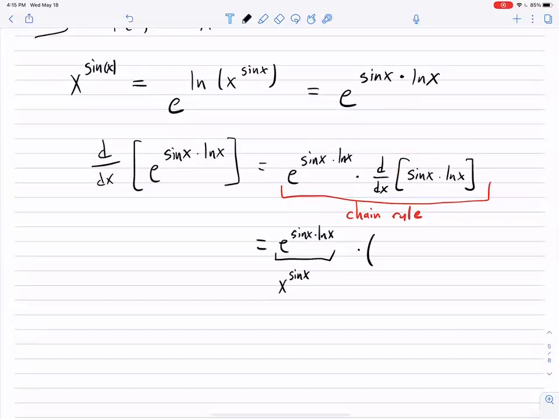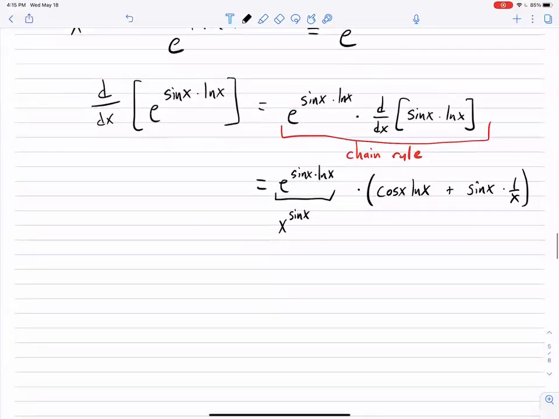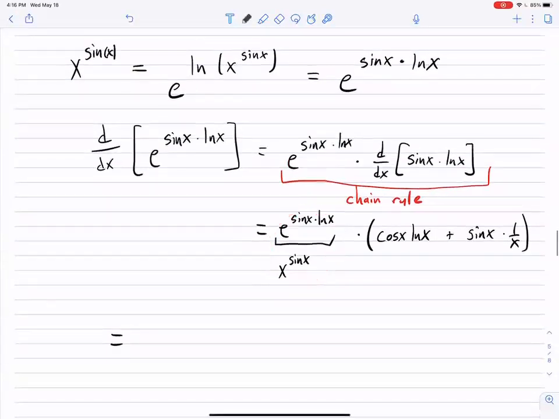So this is where we have to do the product rule. The derivative of sine of x is cosine of x times ln of x, and then plus sine of x times 1 over x. And so what does that finally give us? Using this substitution, we get x to the sine of x times cosine of x ln of x plus sine of x over x.